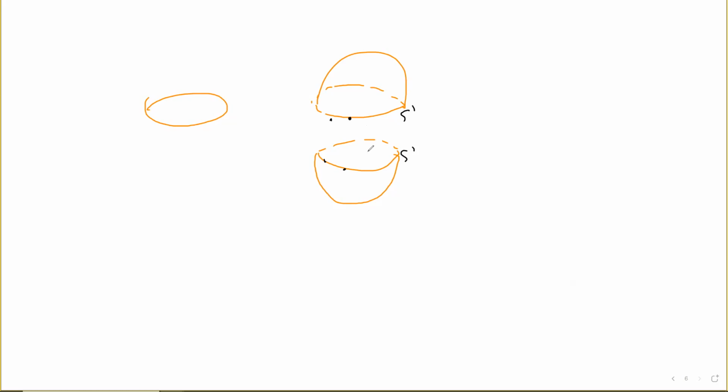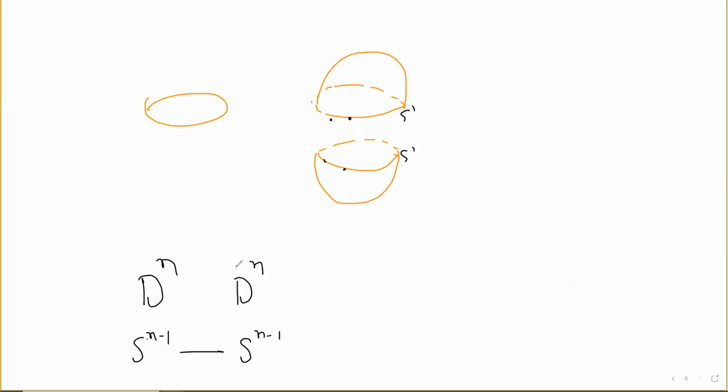You can just prove a general fact. You can also see what the general fact should be, right? That if you take Dn and Dn and just take their boundaries, which is S^(n-1), and glue them, then you get Sn. That is what it is.